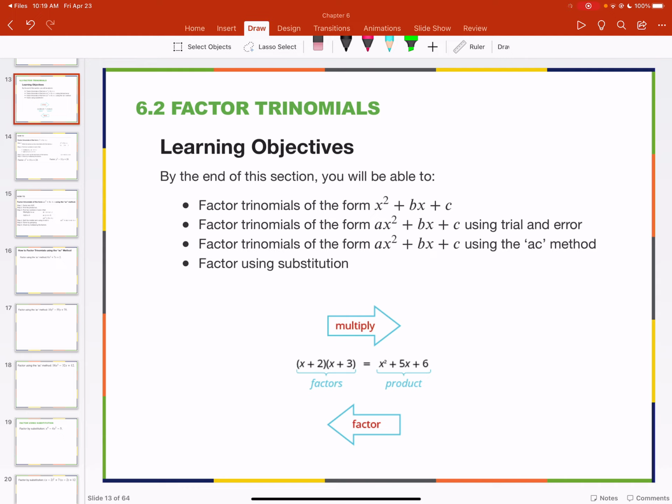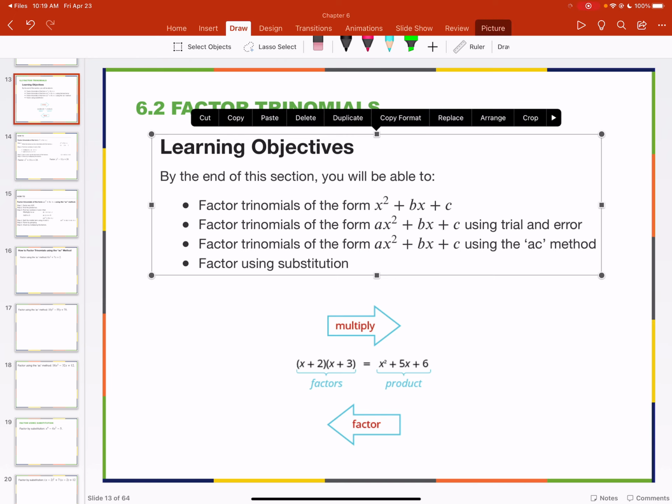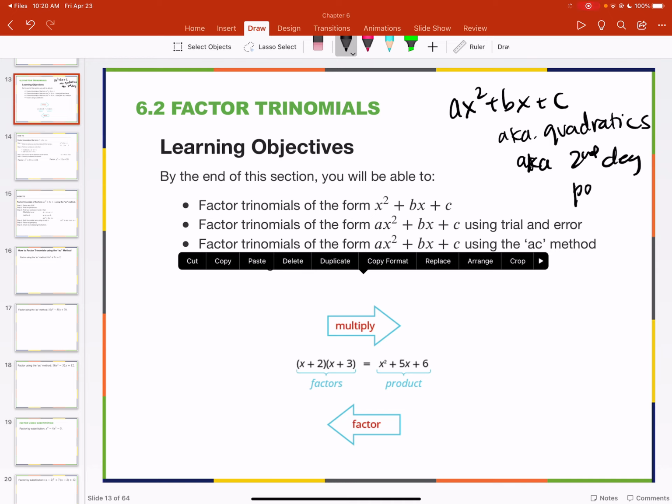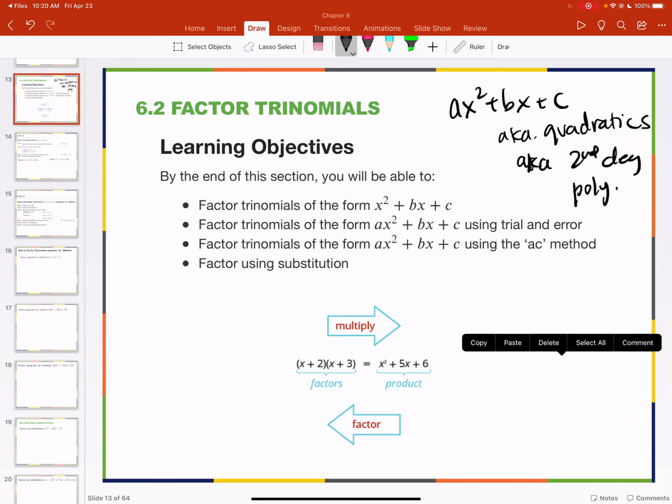So we're going to focus on trinomials of the form ax squared plus bx plus c, aka quadratics, aka second degree polynomials, aka trinomials.